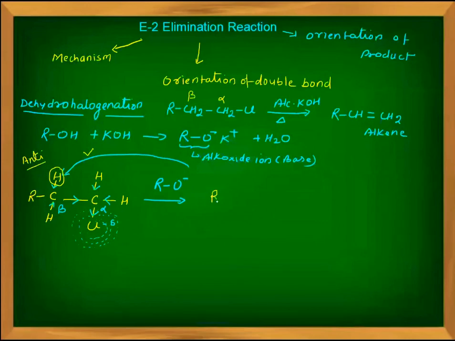Now, when the base abstracts the hydrogen from the anti side of the chlorine, these electrons are shifted towards carbon, and these electrons are shifted towards chlorine. So this bond becomes weaker, and the carbon-chlorine bond also becomes weaker.